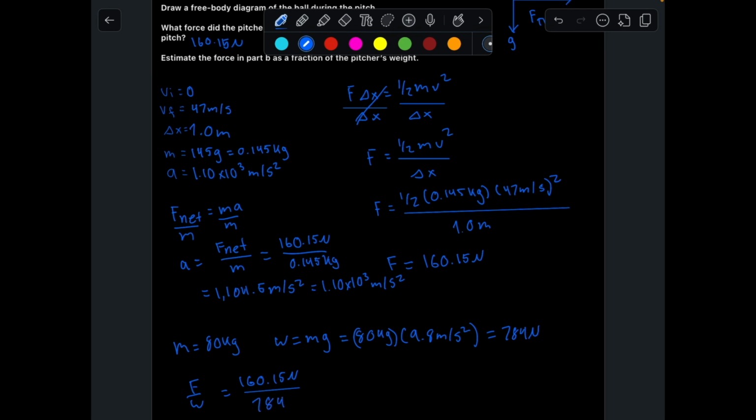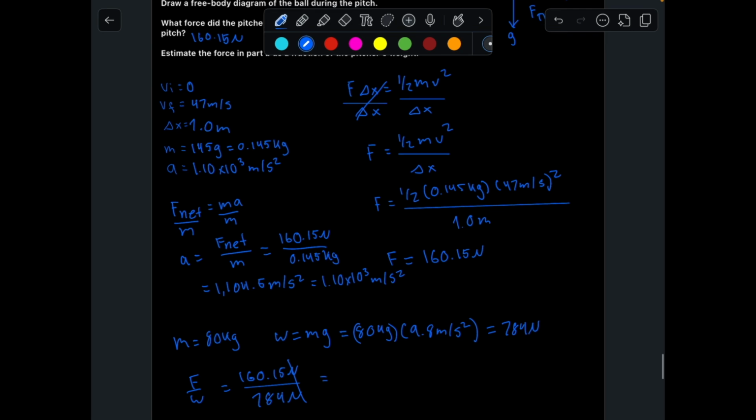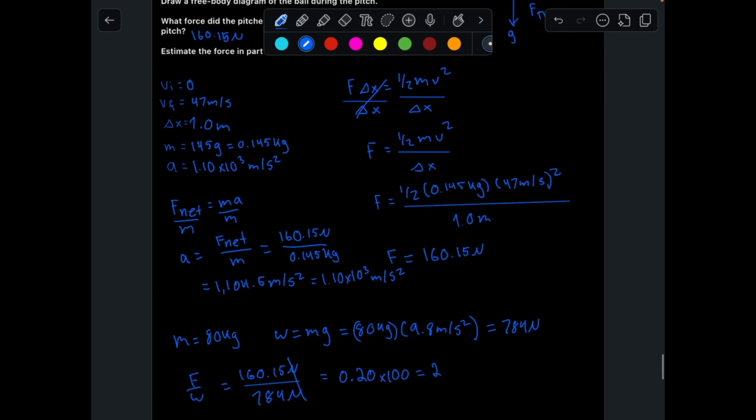It's asking for a fraction, and fractions don't usually have units, so we can cancel that out, and we get 0.20. Now, if we multiply it by 100, we can get it as a percentage, and we get roughly 20%, and 20% as a fraction is 1/5. He's using 1/5 of his body weight. Quite a lot, actually, but yeah, I hope that helped.